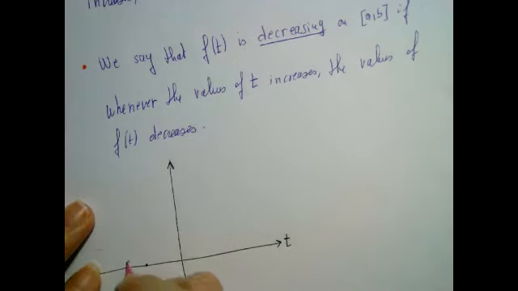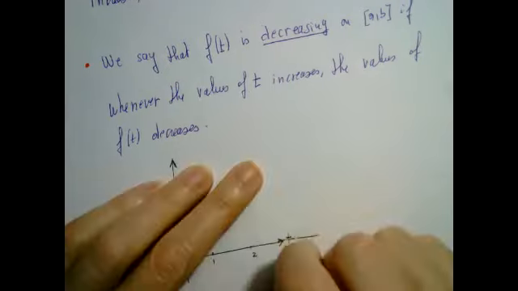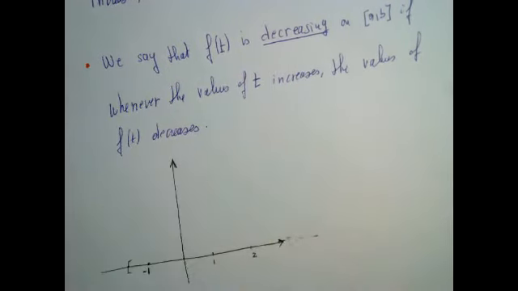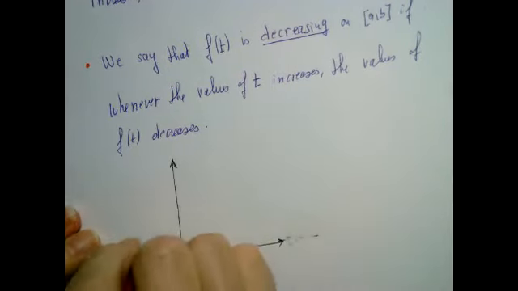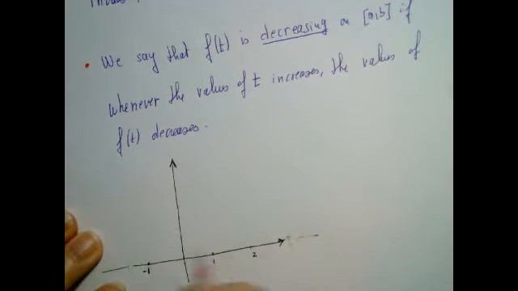Let me label -1, 0, 1, 2. This is my interval, from here to here. That's 0, that's a half, and so on.